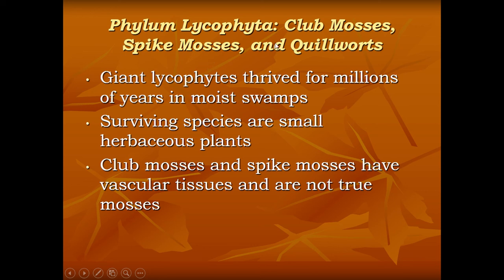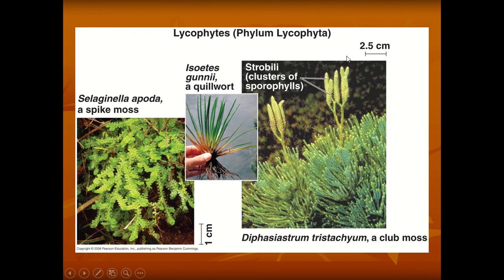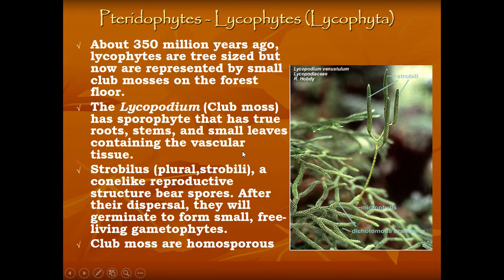Club mosses and spike mosses are vascular plants and are not true mosses, and neither are quillworts. So this is how the spike mosses look, the quillworts, and also the club mosses over here. Remember, only spike mosses and the club mosses have true vascular tissue, not the quillwort.